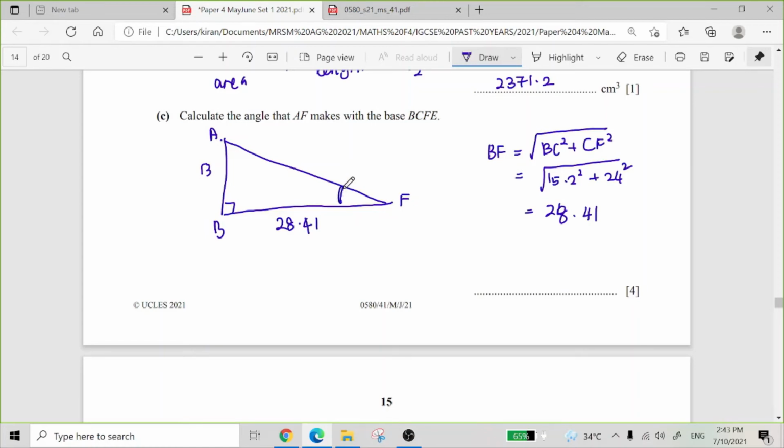So the angle is located at AFB, so we can use tangent because we have the opposite and adjacent. The angle AFB equals tan inverse of the opposite 13 over the adjacent, which is 28.41.